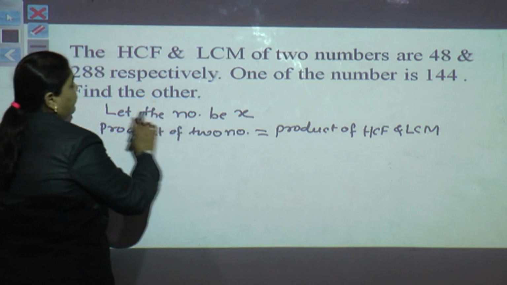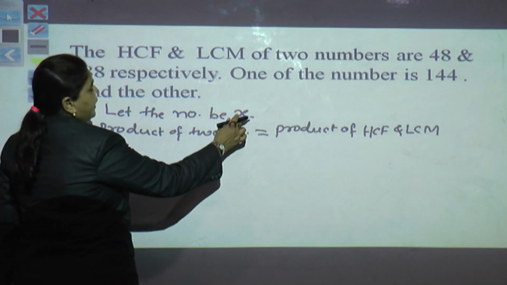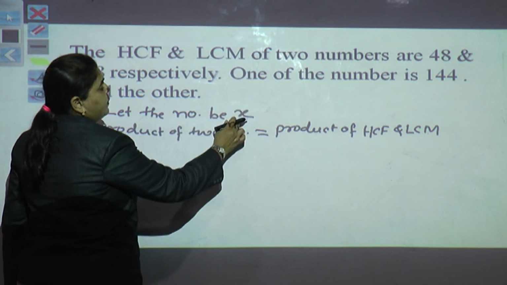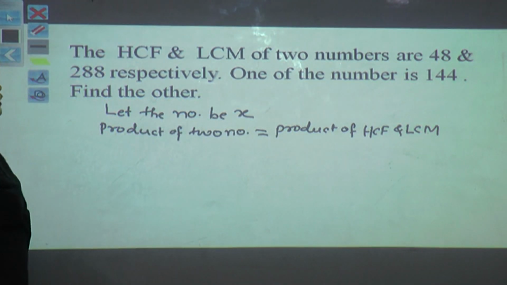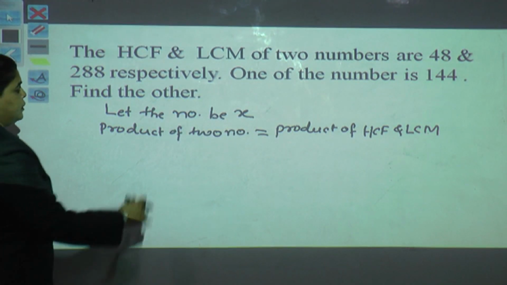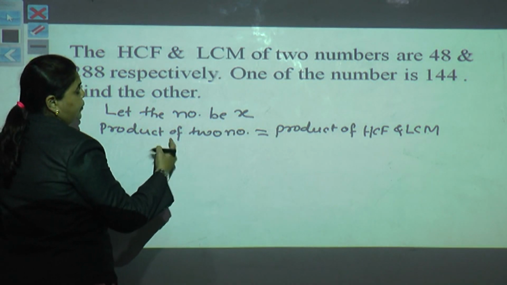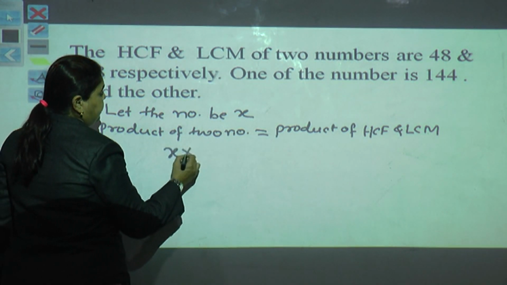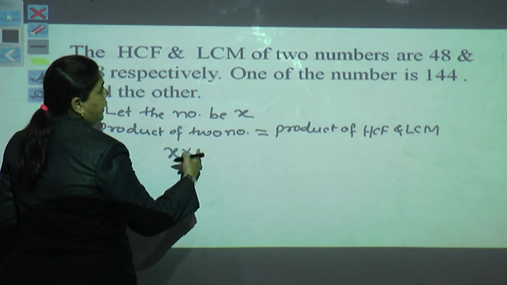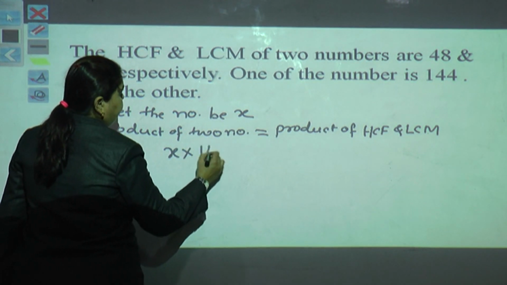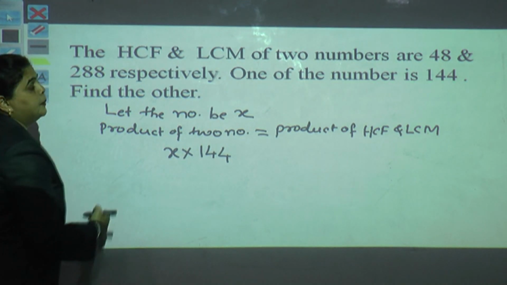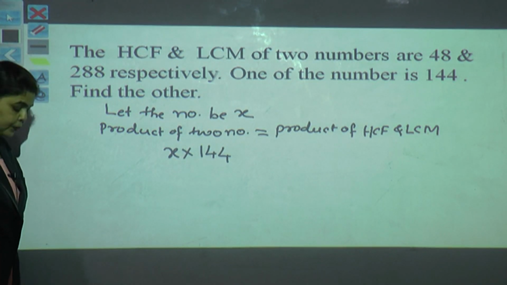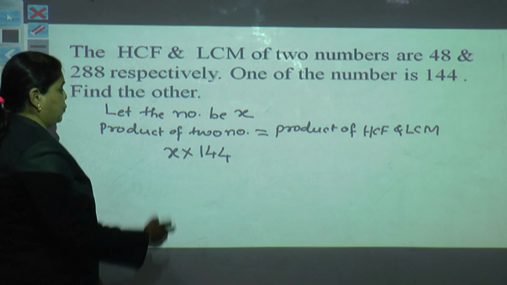Because we have already considered one number as x, one number will be x and the other number will be 144. The word is product, so I can go for multiplication: x multiplied by 144. These are my two numbers, one of which I don't know, but the second number I know.